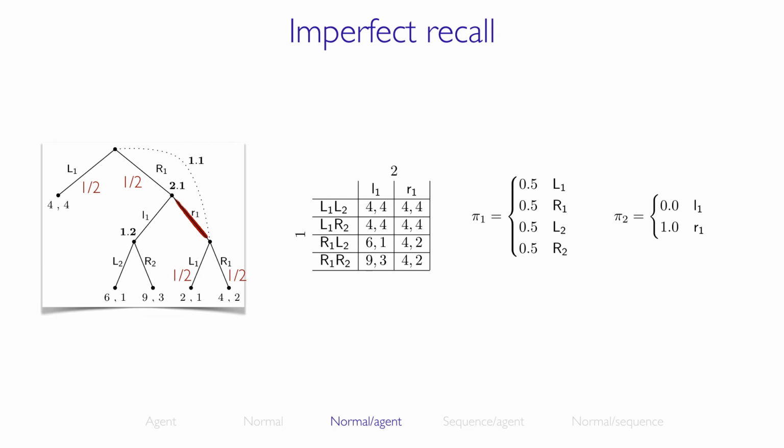Well, consider the case reported in the picture, where player 1 randomizes uniformly at each information set, while player 2 plays lowercase r1 with probability 1.